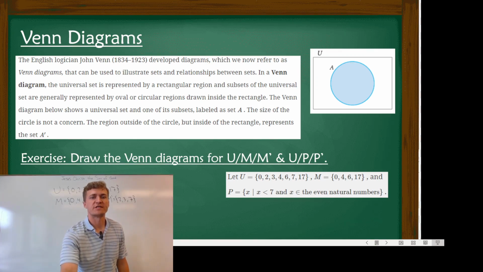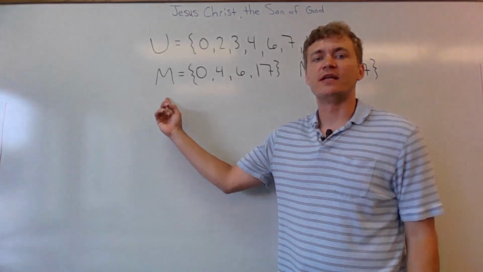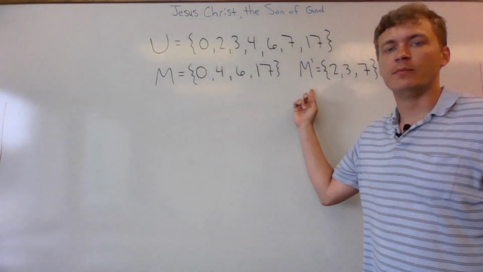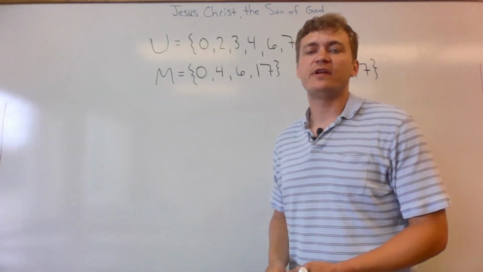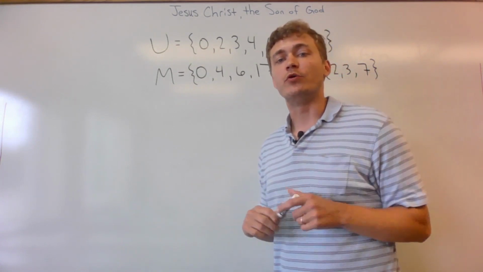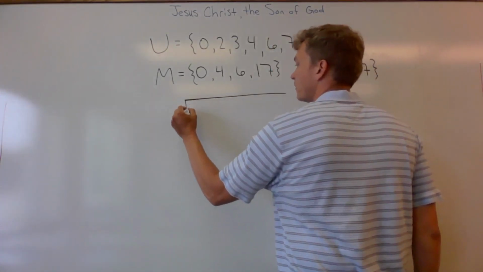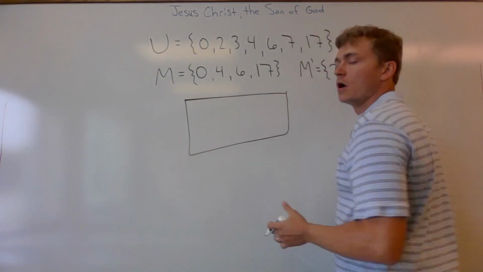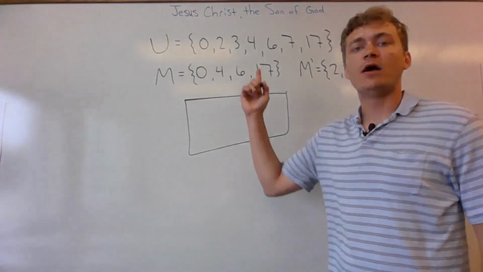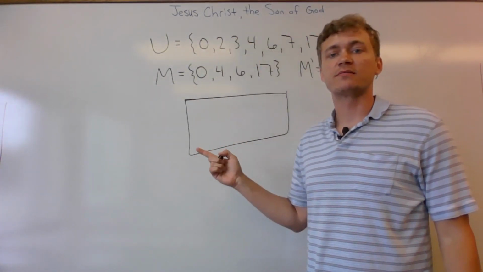We will look at the first example involving M and M complement, and I will now go to the full screen. As you see here, we've listed the set M and its complement, M prime. And so now we're going to create the Venn diagram. As it suggests, we're going to use a rectangular box to denote the universal set. All this means is that all of the numbers found in U should be somewhere in this box.